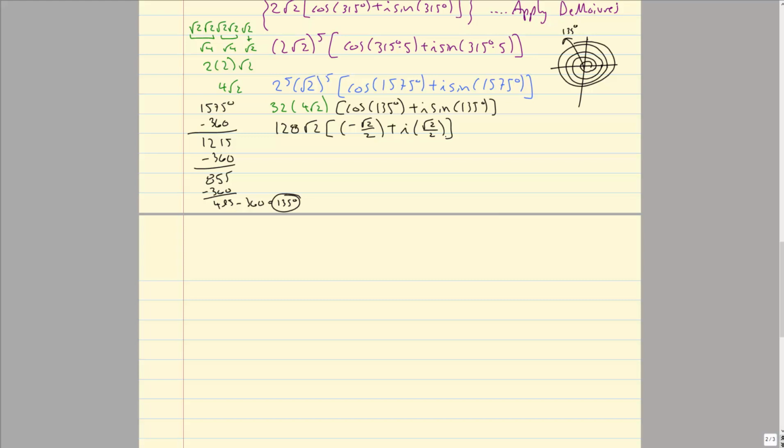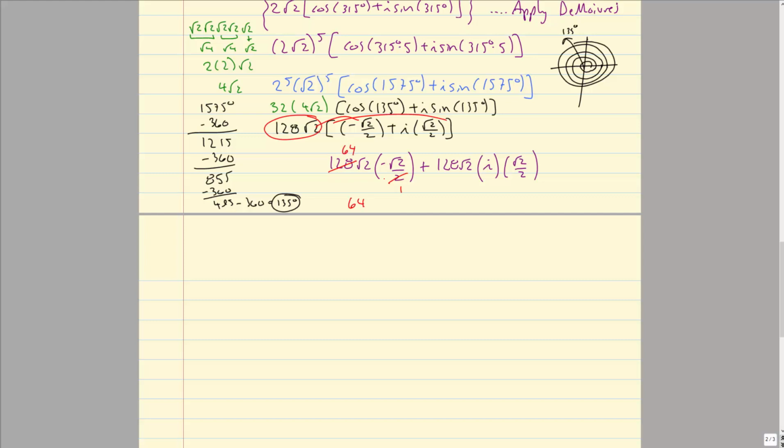And then we'll go ahead and take the 128 root 2 and distribute to both terms. So I'll have 128 root 2 times negative root 2 over 2 plus 128 root 2 times i square root of 2 over 2. So canceling, 128 divided by 2 is 64.